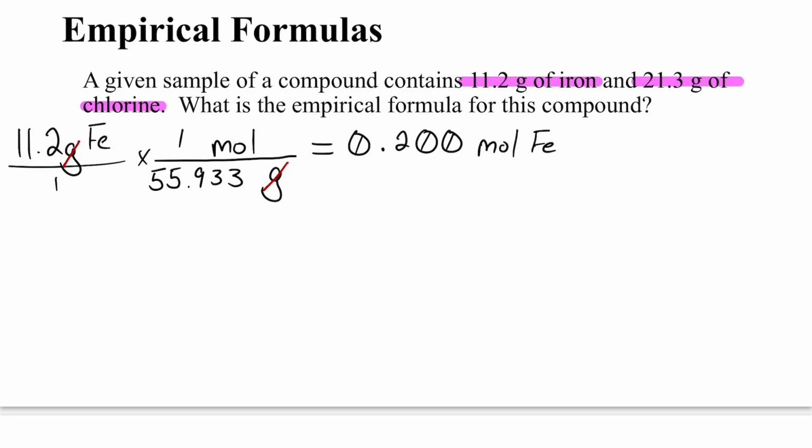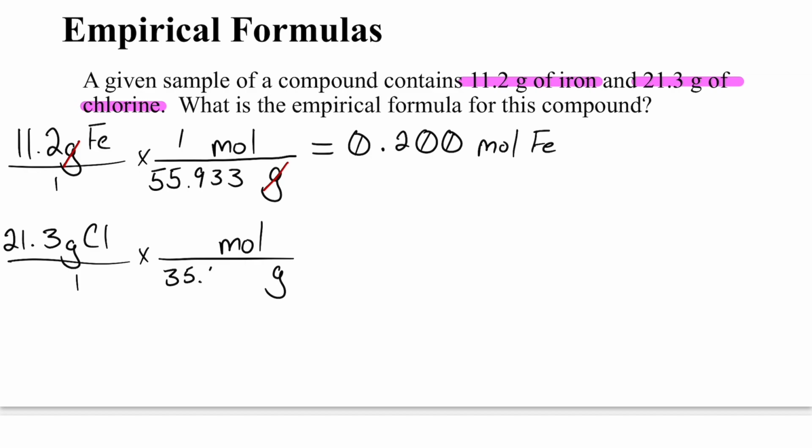Then I convert my mass of chlorine to moles. So 21.3 grams of chlorine over 1. I want moles and I have grams. The molar mass of chlorine is 35.453 grams in 1 mole.